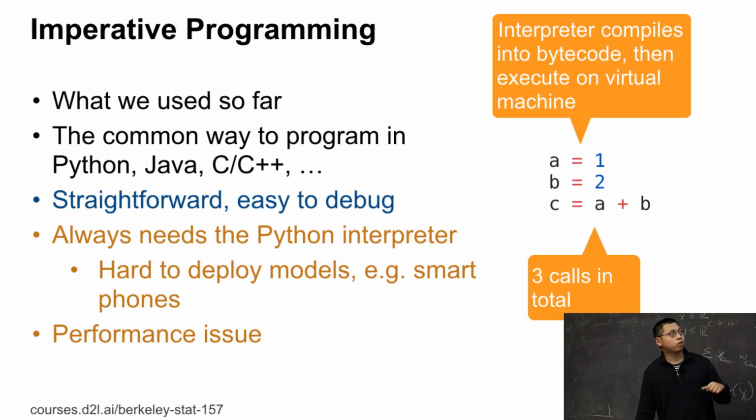Here we have 3 overheads because we issue 3 calls to the Python virtual machine. And also because it has an interpreter, you need to run the code in Python, which means if mobile phones don't have Python installed, then it's hard to run your Python code on them. So the major issues for imperative programming are performance and portability.